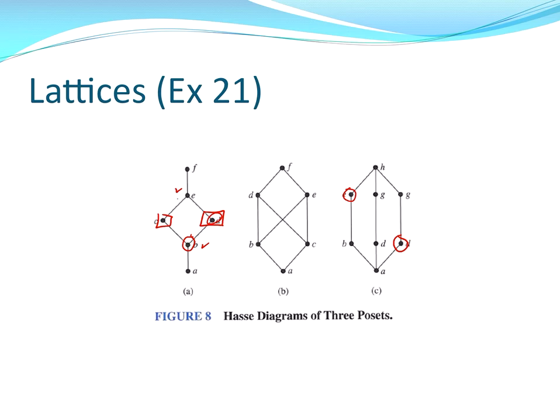Here I've circled E and D, and its greatest lower bound is going to be A, and its least upper bound will be H.